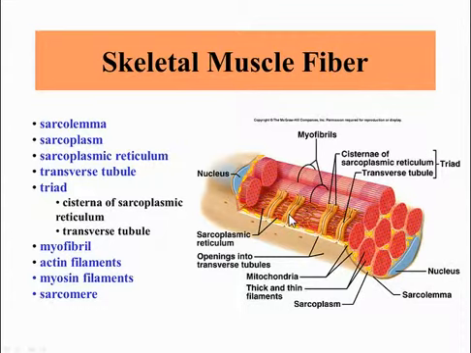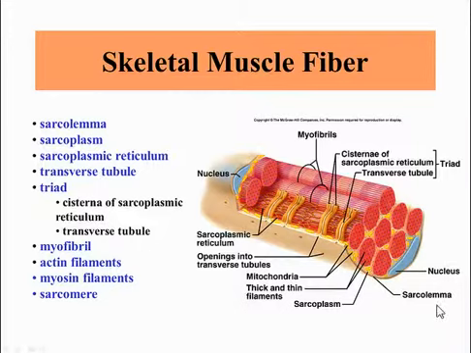And there's the transverse tubule; the two tubes of the cisterna and the transverse tubule are sometimes referred to as the triad. Okay, it is a delivery system for things needed by this muscle fiber.